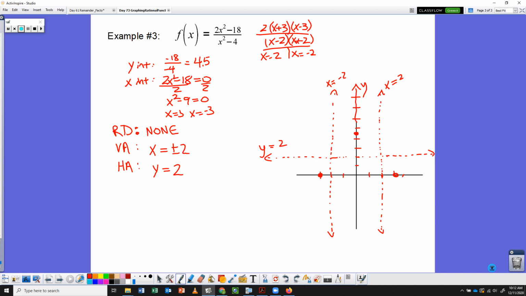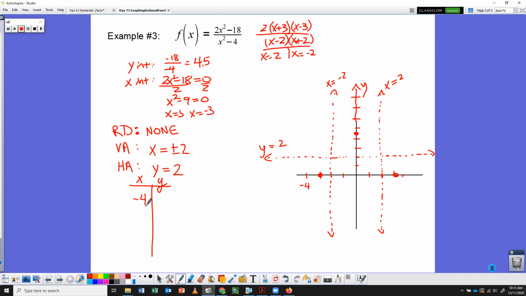So at this point, we're going to make an XY chart. Now, the fact that we have 2 vertical asymptotes in this problem makes this problem a little bit more challenging. The reason why it's more challenging is I have to pick some numbers that are going to be on the left of negative 2. I already have negative 3 as an x-intercept, so you might want to also pick negative 4.